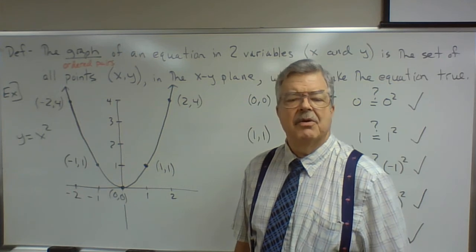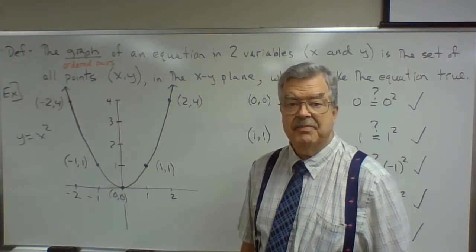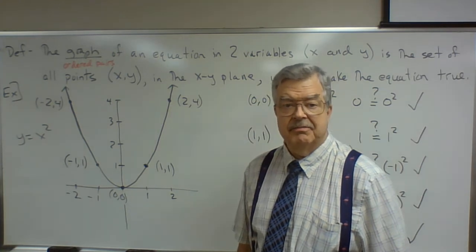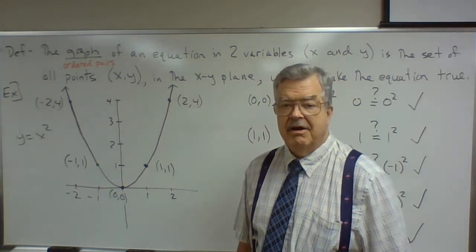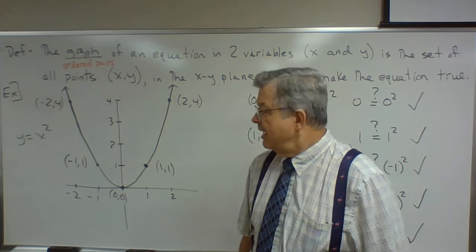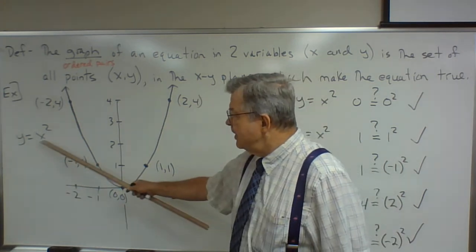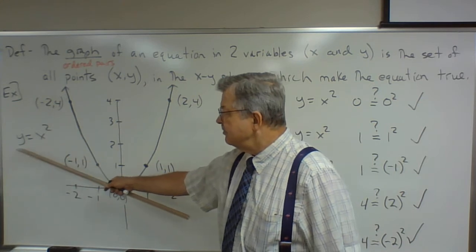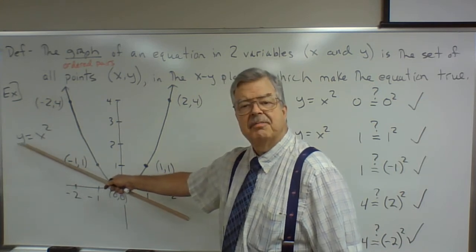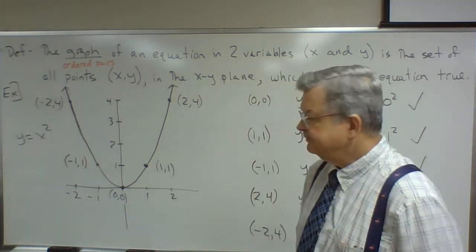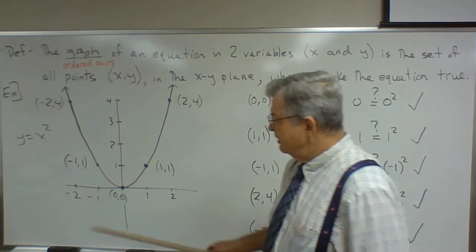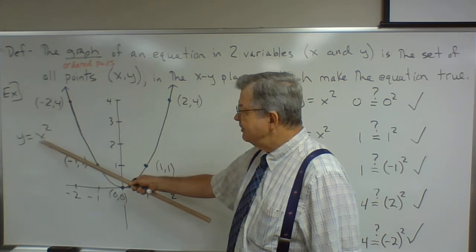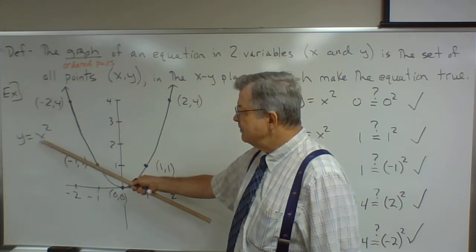We did something called plotting points. We took whole number values of x near the origin, and plugged them into this equation, or substituted them in for x in this equation, to get the corresponding y value. For instance, I take -2 and substitute it into this equation for x squared.